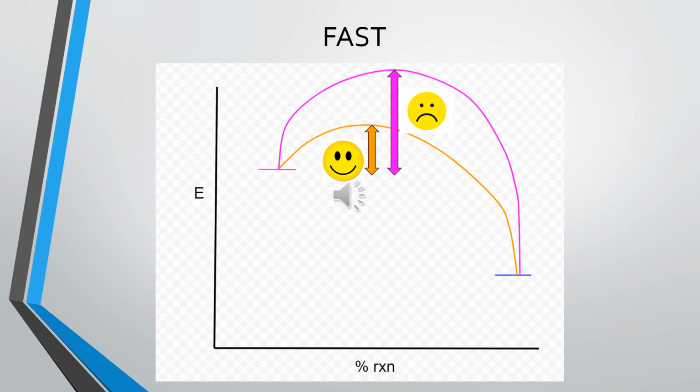The pink reaction is one you would not want to run in the lab because even though it has the same favorable energetics, that much higher barrier is going to require much longer reaction times, as well as more extensive energy input to push the molecules up that much higher barrier before they spontaneously fall down to product.